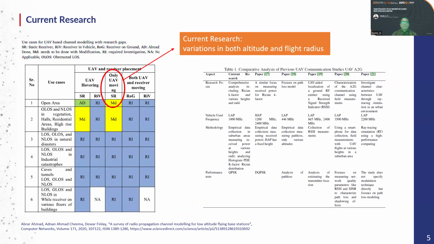From this comparison, we can observe that the method employed in this study offers a more comprehensive approach, emphasizing the Rician distribution and performance parameters such as QPSK modulation and K-factor distribution analysis.